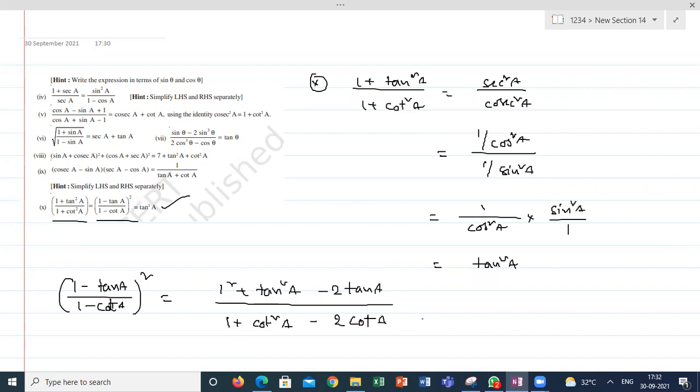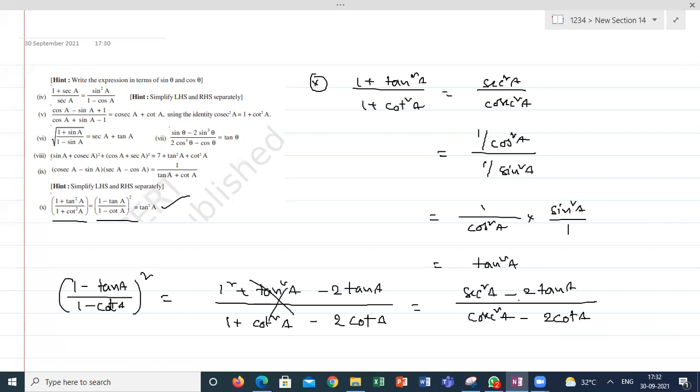I'm expanding. So 1 plus tan square A is secant square A. Secant square A minus 2 tan A divided by 1 plus cot square A is cosecant square A minus 2 cot A. So it is going a little bit lengthy process.